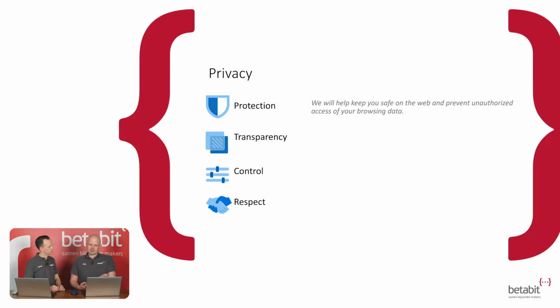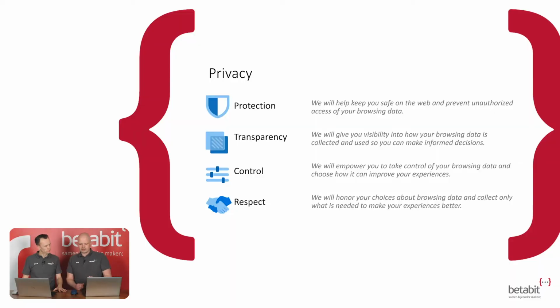They have these really nice values where they say we will keep you safe on the web and prevent unauthorized access of your browsing data. But that's not all, because they also give you visibility into how your browsing data is being gathered and collected, and they give you full control over how to manage whatever information is being collected. And in the end, they will honor your choices about browsing data and collect only what is needed to make your experiences better.